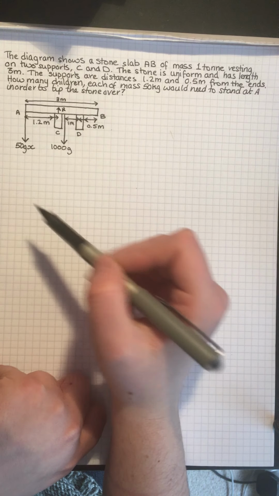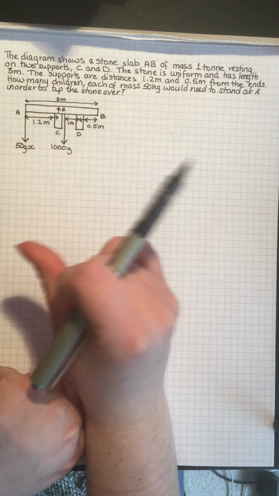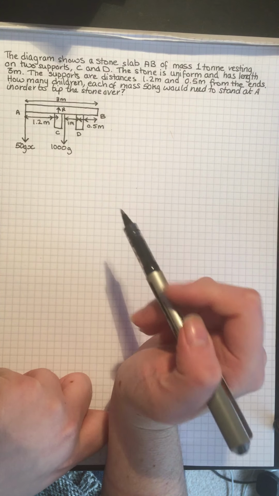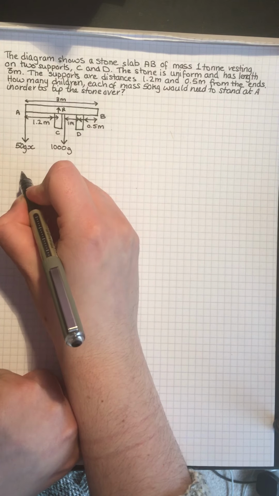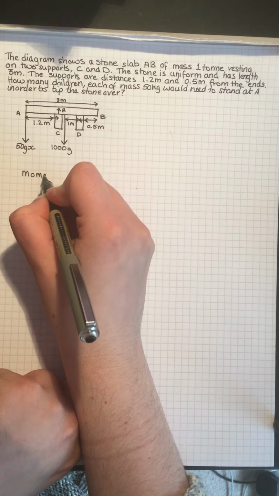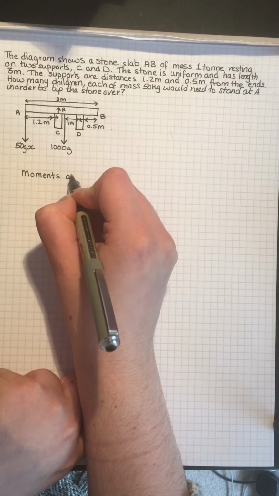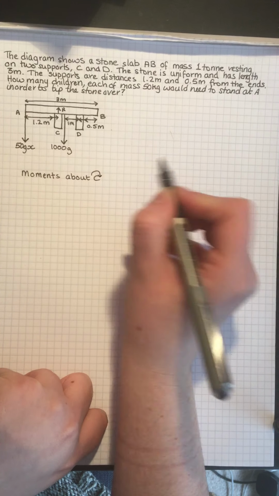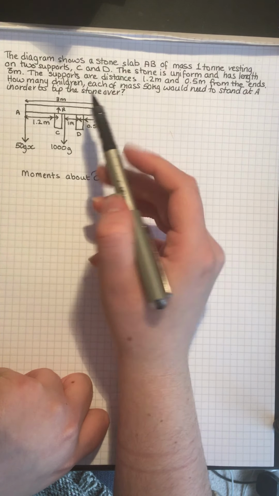So we want to find the limit, the point at which it's just about to tip, so it's still in equilibrium, but there's no reaction at D. So let's take moments about C. So we don't need to worry about the reaction force. And what clockwise moments do we have?